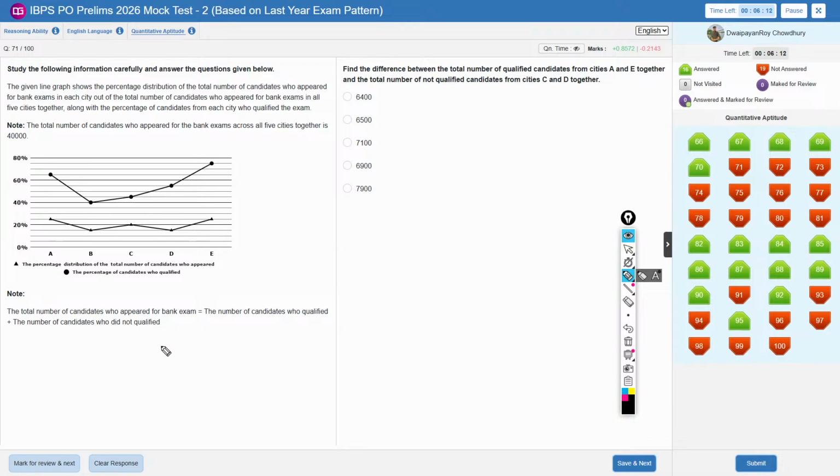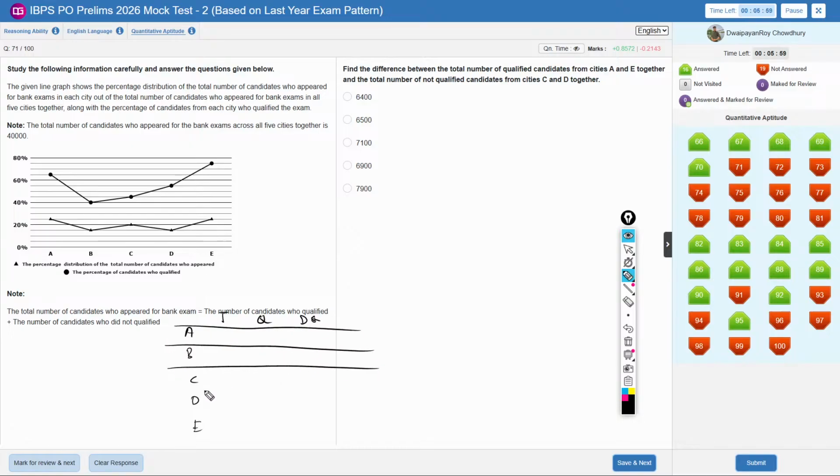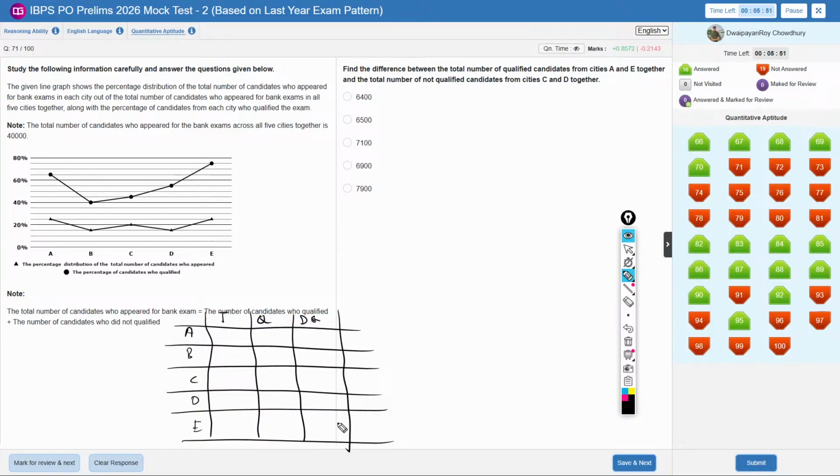Okay, let's do it. A, B, C, D, E, then total, qualified, disqualified. So one gap is equal to 5%.